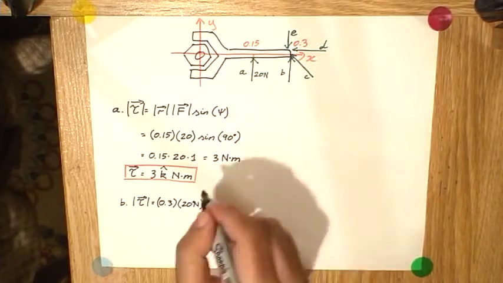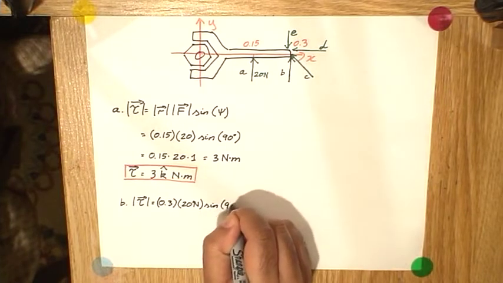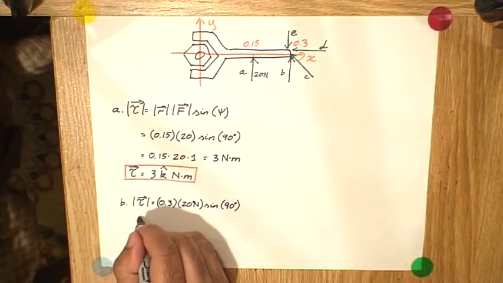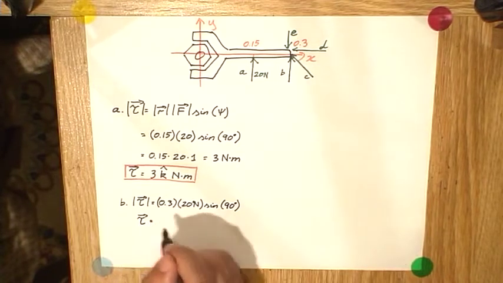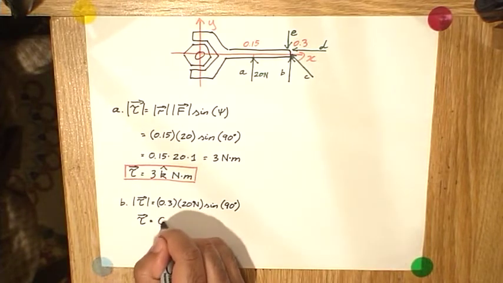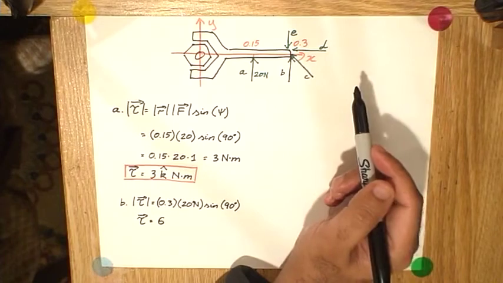The orientation has not changed. So, when you simplify all of this, you get 0.3 times 20 is 6. And this is still going to be in newtons times meters.